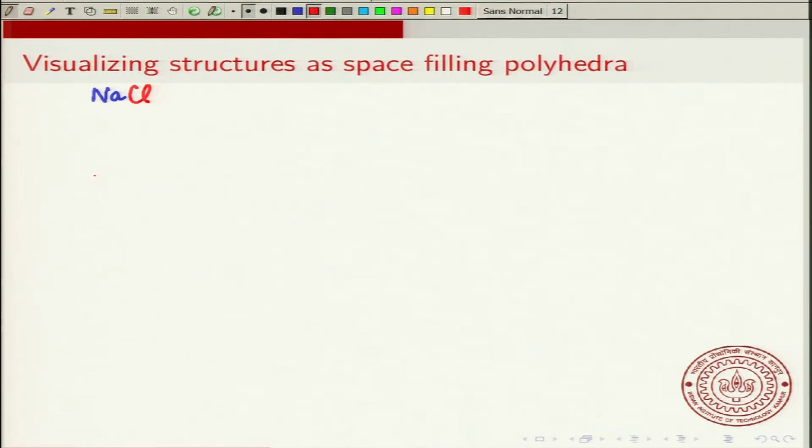So, what you will have is, I want to show, these are the chloride ions which are forming a cubic close pack structure.